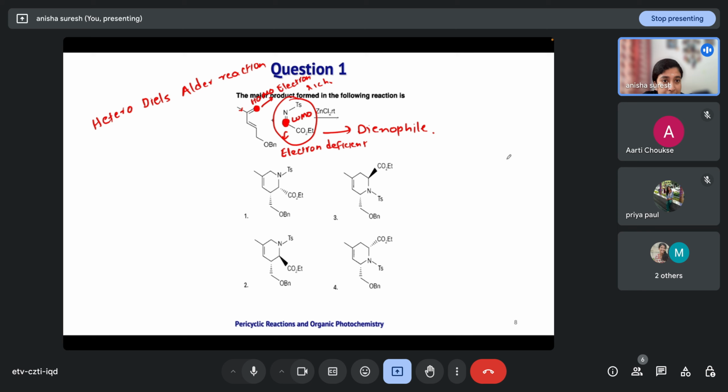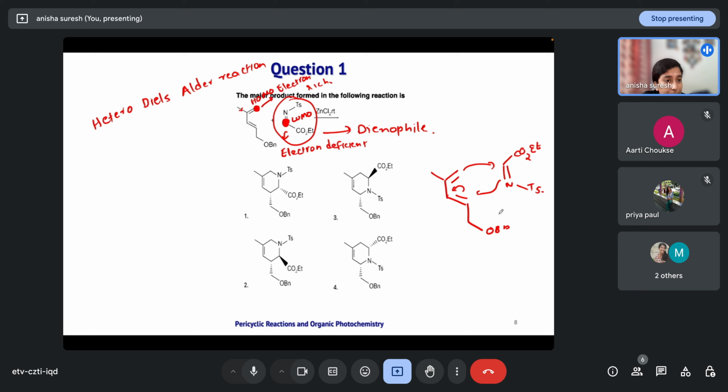So when the Diels-Alder reaction takes place, it will align in such a fashion that the HOMO having the largest coefficient and the LUMO having the largest coefficient come in close proximity, and then the reaction takes place.